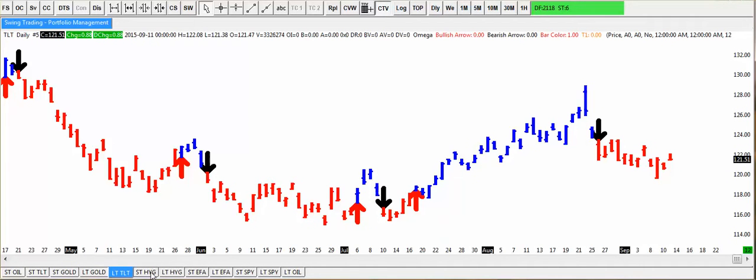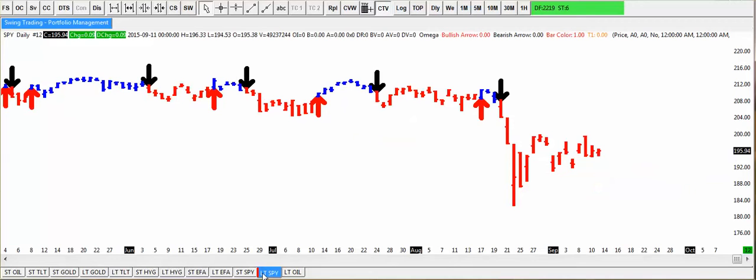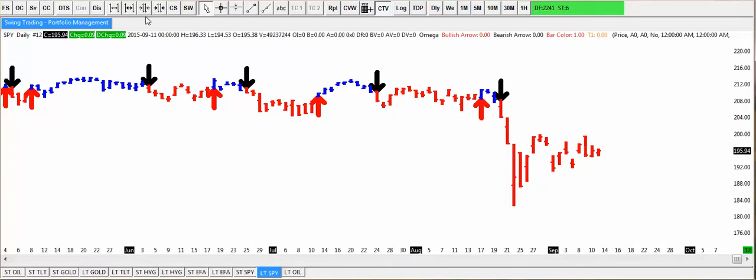Let's have a look at the bonds market. So TLT, also we had a buy signal. Then we had a sell signal doing the same sort of thing. Again, another ETF telling you which way the market is likely to go. We had a nice sell signal, buy signal. And SPY, one of the highly traded instruments. Whether you trade ES, in other words S&P 500, the software can be applied to any ETF.